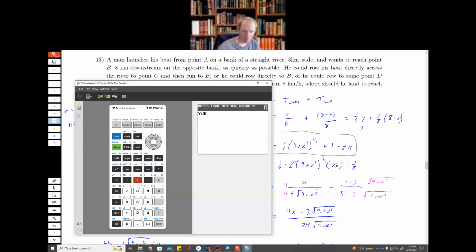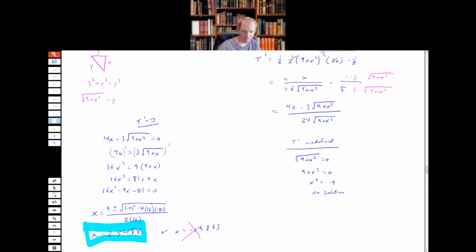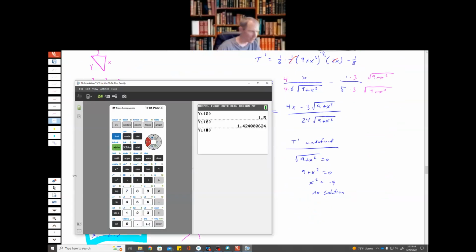Okay, so I go to function y1, and I'm going to plug in when x is 0, plug in when x is 8, and I want to plug in when x is that critical number I got, 2.5488.